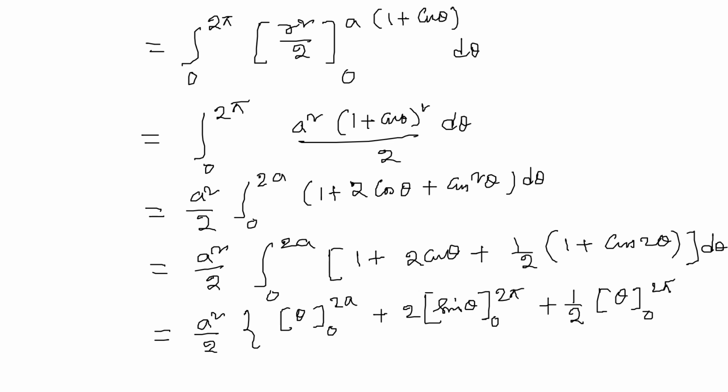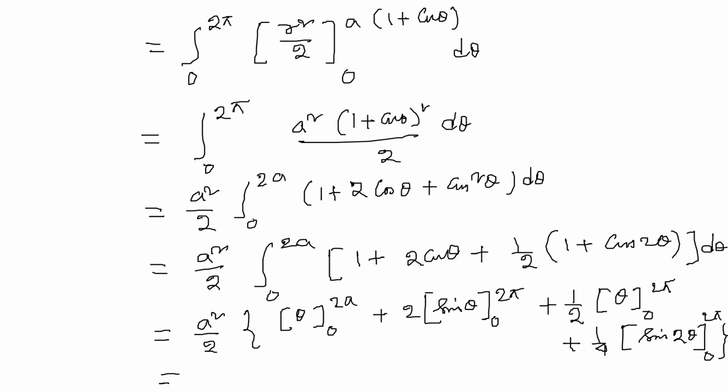And next is cos 2 theta, which gives 1 by 4 sine 2 theta, because half is already there outside, with theta limit 0 to 2 pi.